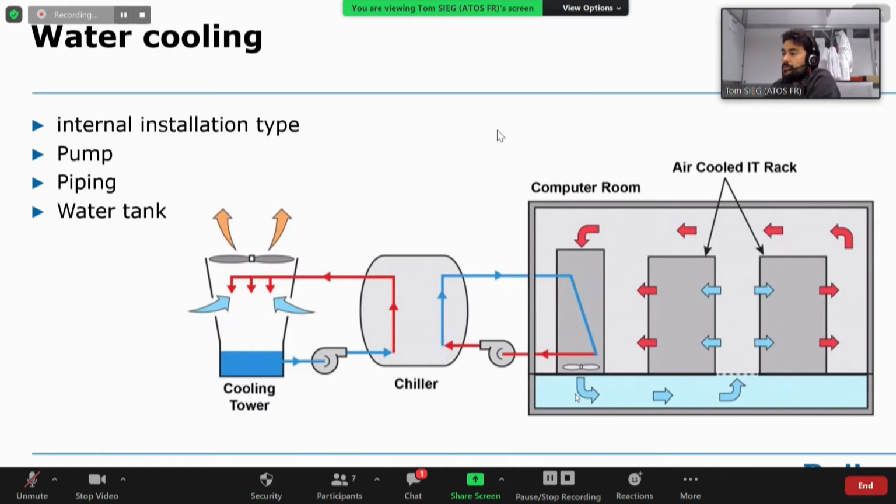Generally, pipes go through the bottom. And of course, if you are in a dry environment, desert or really hot situation, a water tank is really useful to be independent from the water supplier in case of problem.